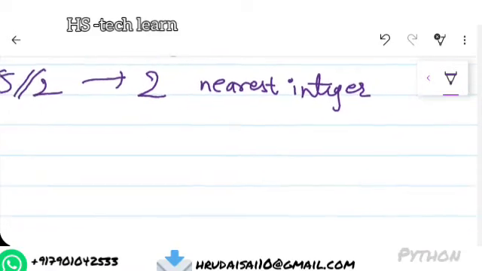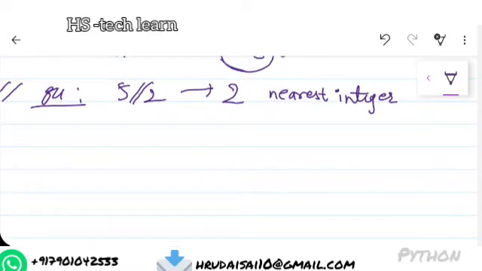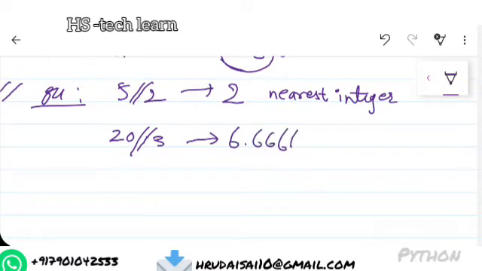Okay, nearest integer value. For suppose we will take one more example. It's 20 floor division of 3. The answer will be 6.66666666, and so on. So here the nearest integer as per the mathematics is 7, but when we do the floor division the answer is 6.